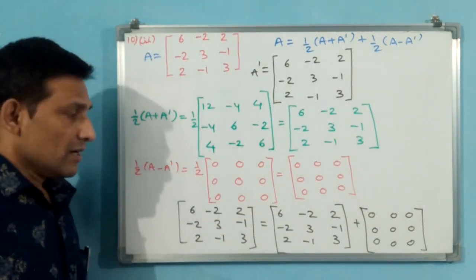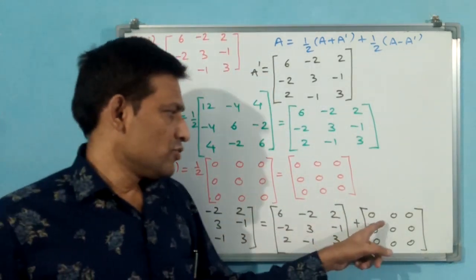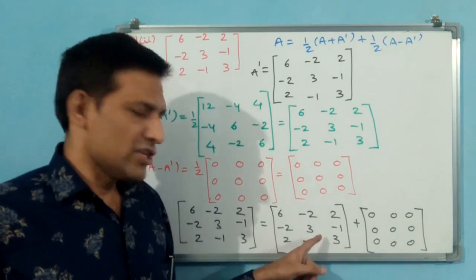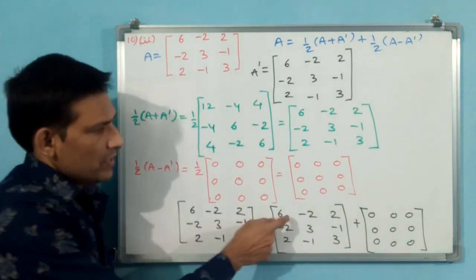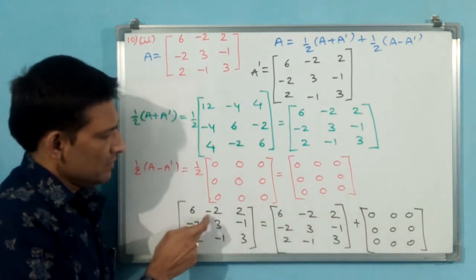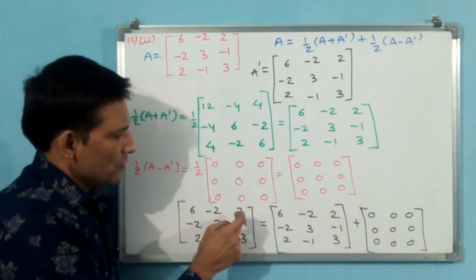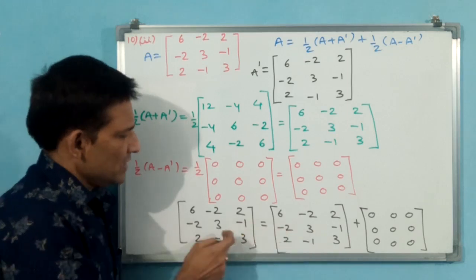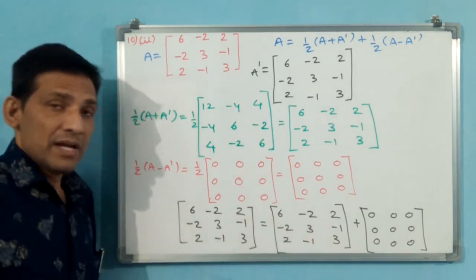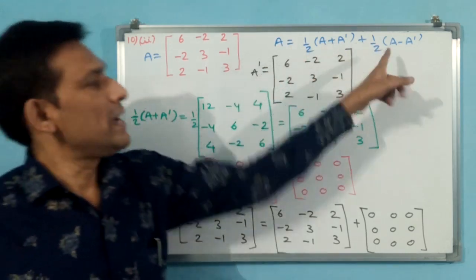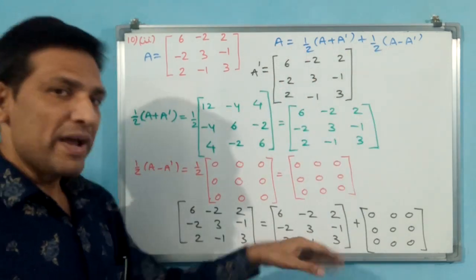Now you add zeros or don't add, it doesn't change, but are both equal or not? You see 6 plus 0 is 6, 6; minus 2, minus 2; 2, 2; minus 2, minus 2; 3, 3; minus 1, minus 1; 3, 3; minus 1, minus 1; 2, 2. Both are the same. That means this rule has been obeyed.